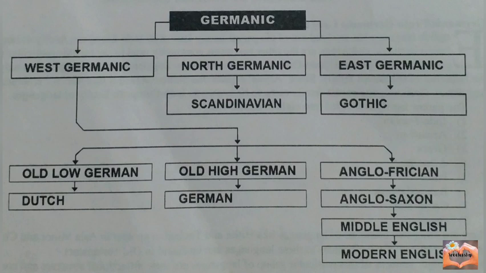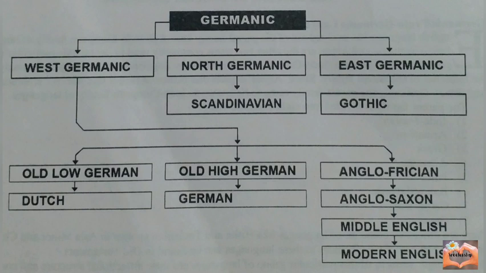Under East Germanic comes the Gothic, and under the North Germanic comes the Scandinavian language. Next comes the West Germanic, where we will have the greatest division.